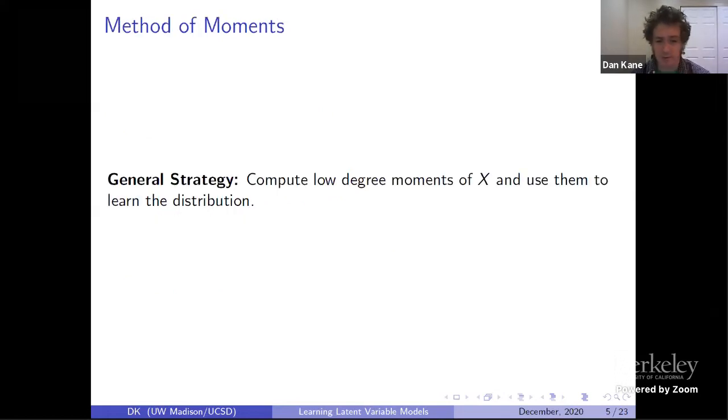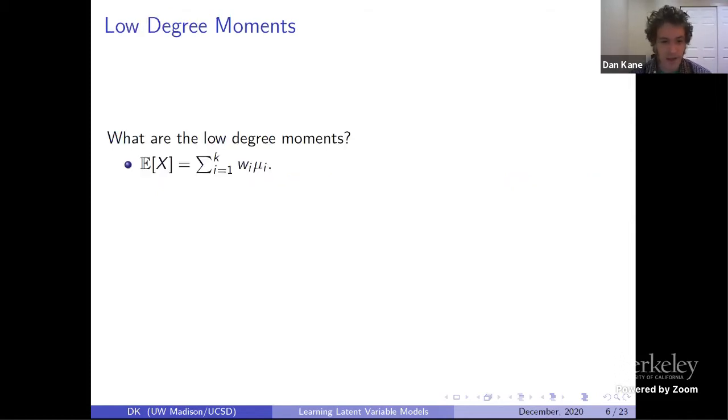And the general strategy that we're going to work on here is the method of moments. So we're going to try and compute the low degree moments of this mixture X, and then we're going to use them to learn the full distribution. And so before we get into this too much, we should ask ourselves, what are the low degree moments of this mixture model X? Well, if you just want the expectation of X, it's a mixture of components.